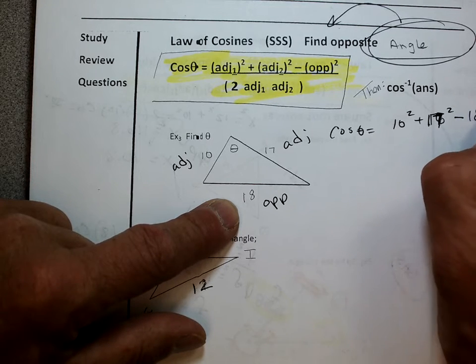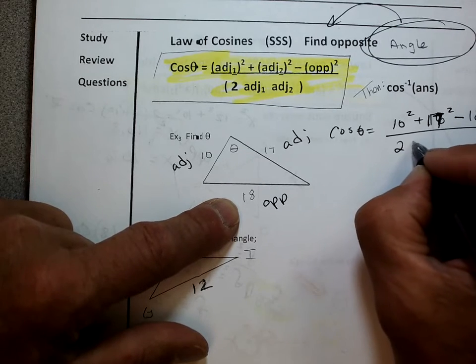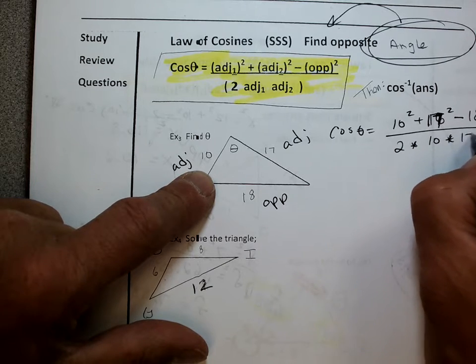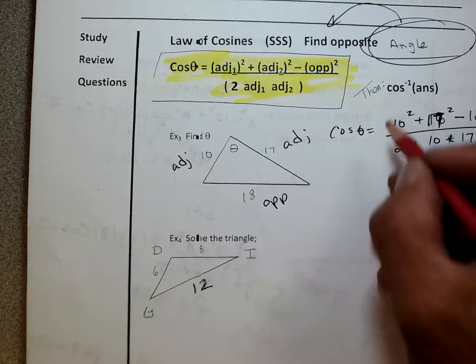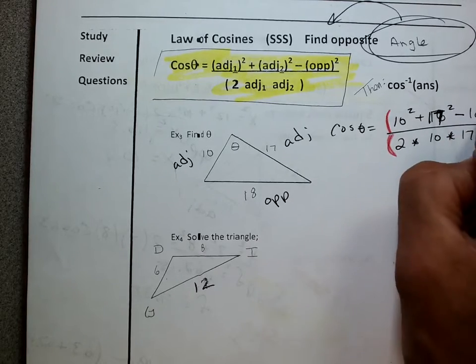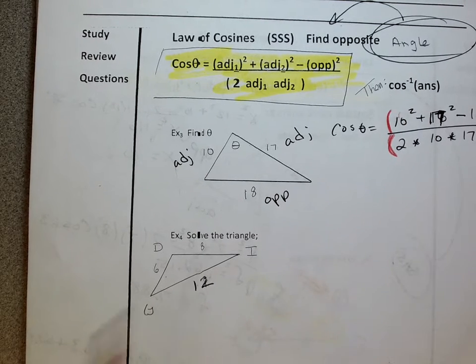Minus 18 squared, all divided by 2 times my adjacent, which is 10, times my other adjacent, which is 17. Now, in your calculator, everybody, if you're not going to listen today, listen right now. Make sure you have parentheses, because in your calculator, if you don't use parentheses, you won't get the entire top divided by the entire bottom. That makes sense, right? So I have to have these parentheses in my calculator, okay?